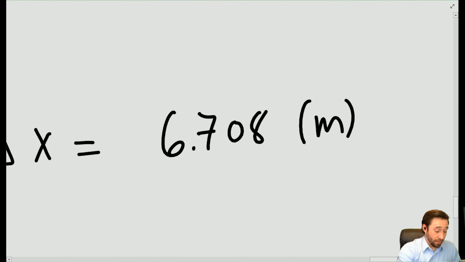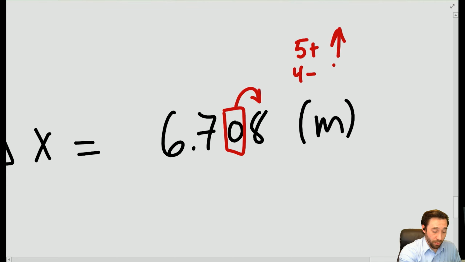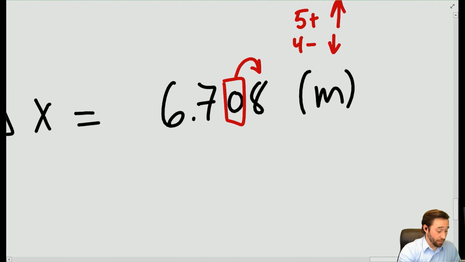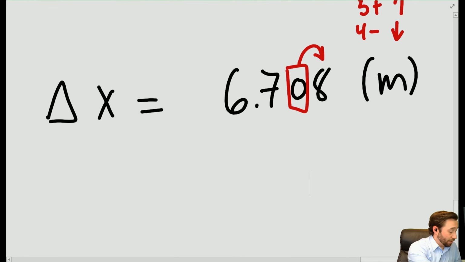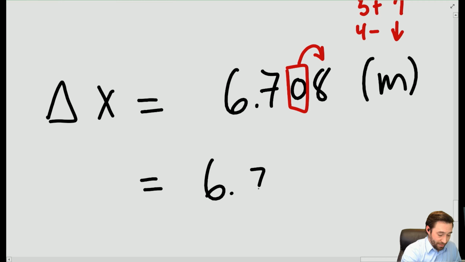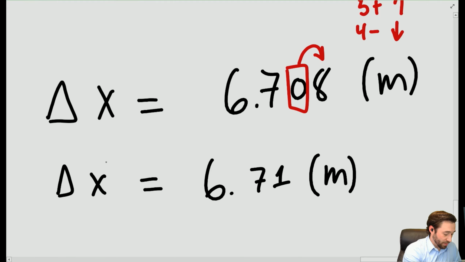So again, I look at the one that's immediately to the right, and if it's a 5 or above, I'm going to round up, and if it's a 4 or below, I'm going to round down. So the value is an 8, so I'm going to round up. So that makes my rounded answer 6.71 meters. That is the value for my delta X.